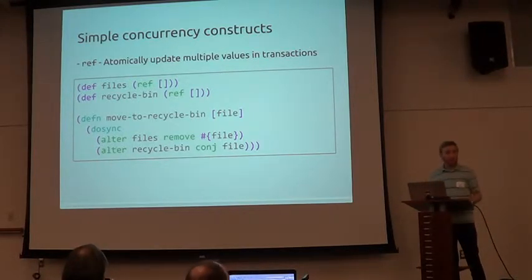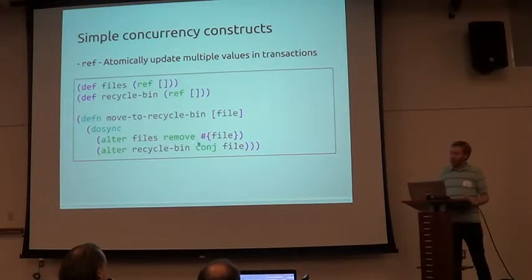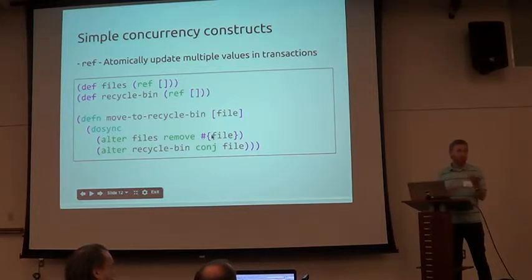If you get those in the right order, I mean, after you removed it, is it still there for you to conjoin to the recycle bin? So in this case, we actually were passing it in here, a file, right? It's a parameter to our function. A reference to it. Right, so it's just a reference. So you could swap if you wanted. It doesn't really matter in this case.